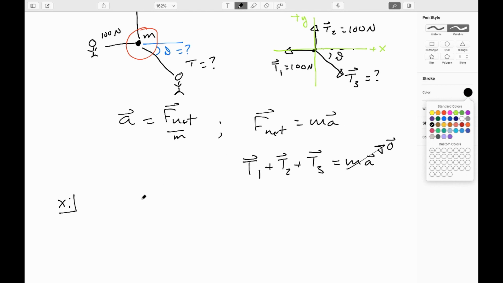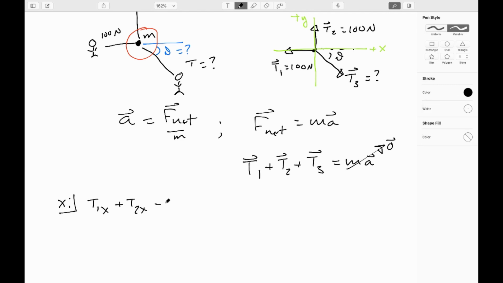Here, if I take the x component of this equation, it's going to be T1x plus T2x plus T3x equals 0. All right, let's come up with expressions for each of these. T1, if I look at it, is pointing completely along the x-axis.